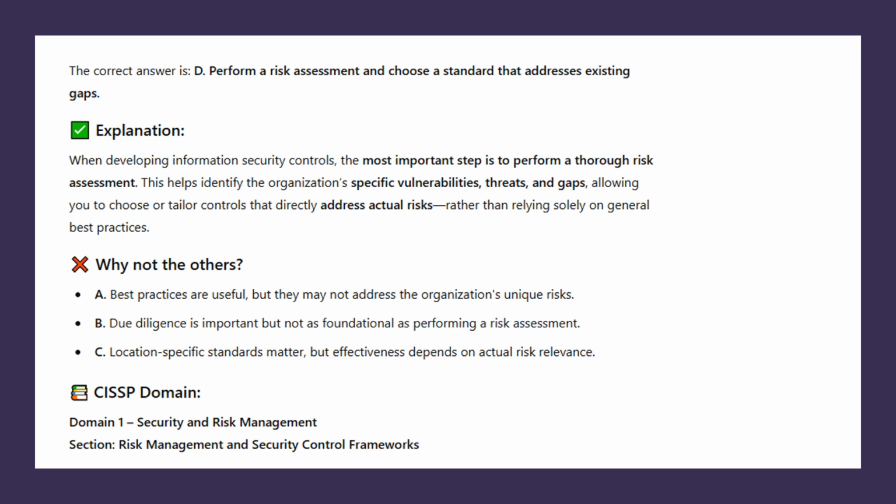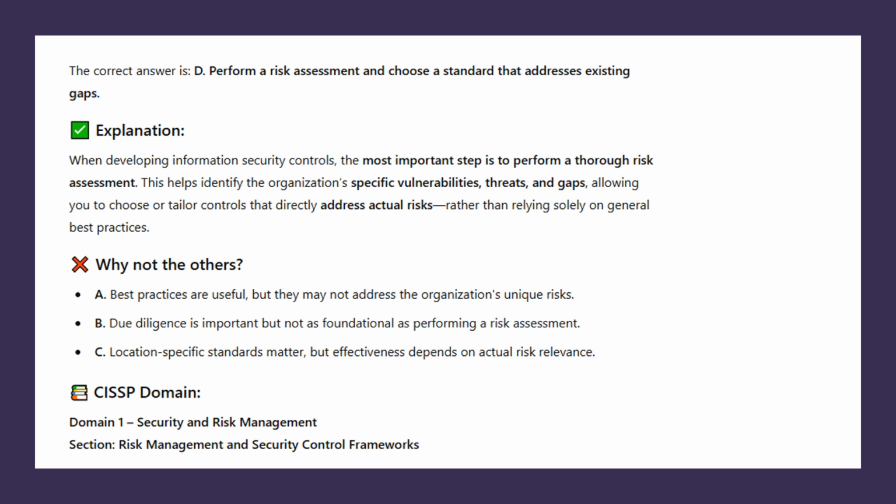Now, this is a difficult question, or could be difficult depending on how you approach it, because if you look at it, all the answers are correct. For example, in choice A, best practices, yes, of course, you want to choose best practices, but a best practice may not necessarily address the organization's unique risks. B, due diligence.